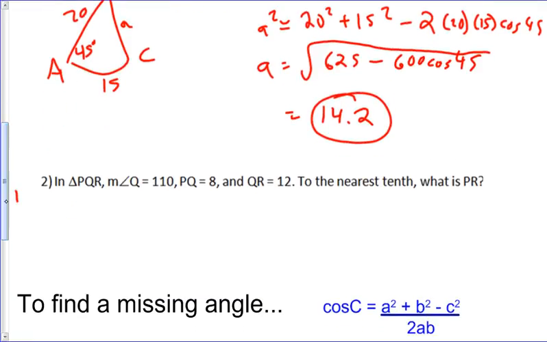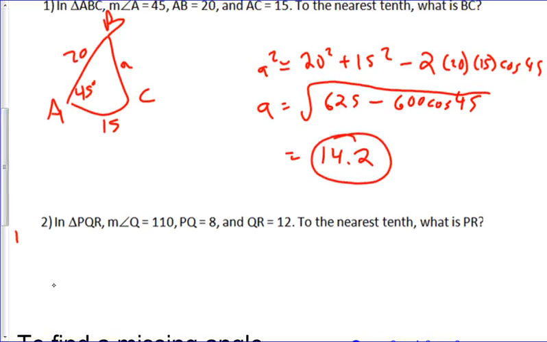Let's try it again. It says for number 2, in triangle PQR, we know that the measure of angle Q is 110, that PQ is 8, and QR is 12, and we want to find PR. So we'll make this one our A or our X squared or whatever we want to make it.